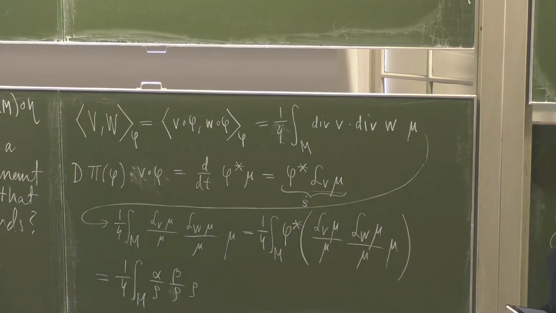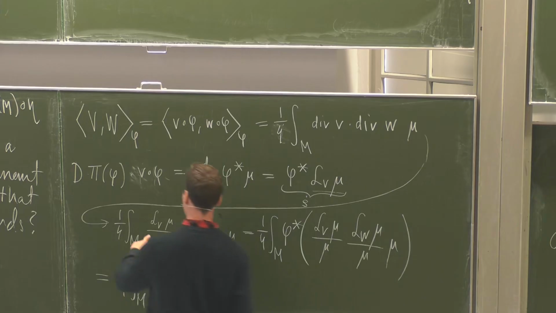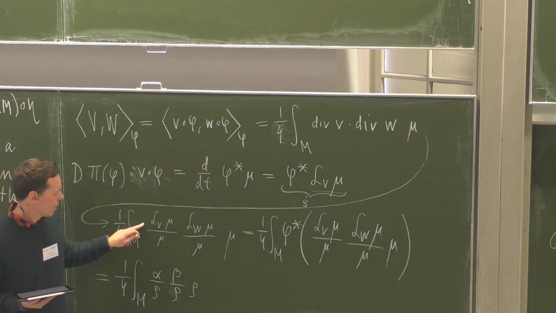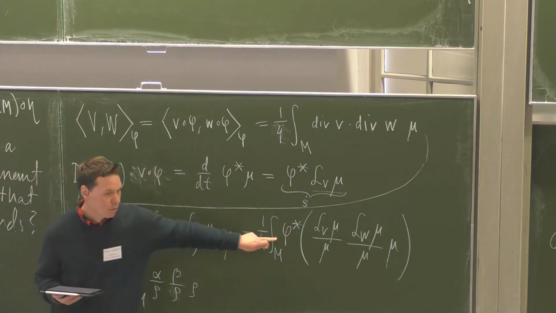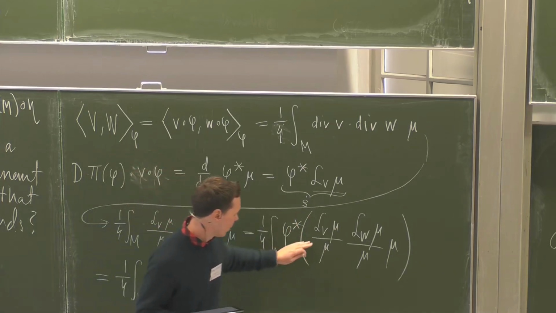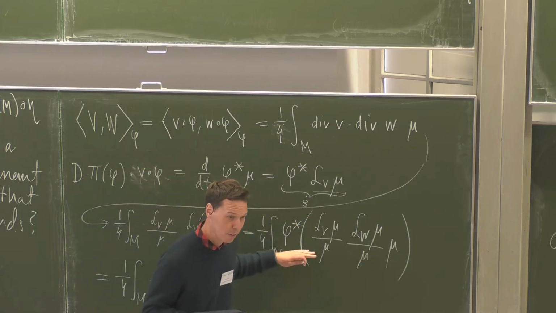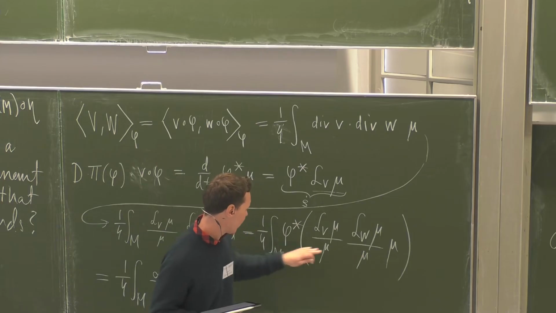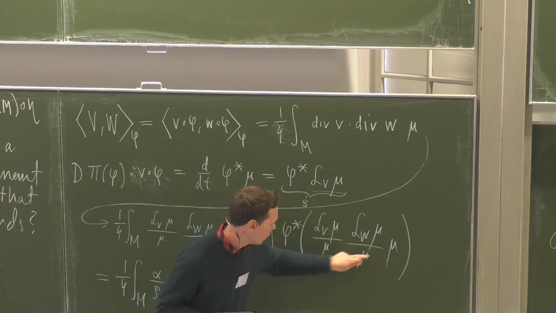Anyone recognize this formula? Yes. Yeah, so I just make a change of variables in the integral exactly by the phi. This is a volume form, right? So I apply that to this. And then I use that everything here is natural, so I can apply it on each individual thing.